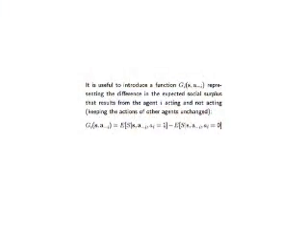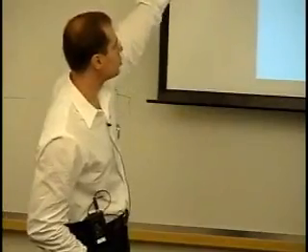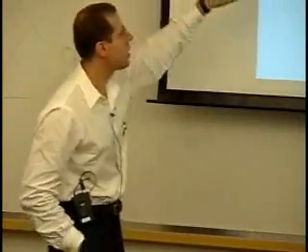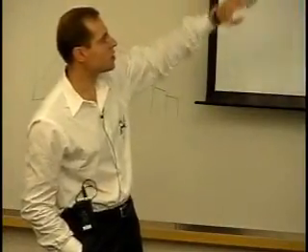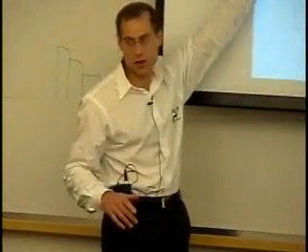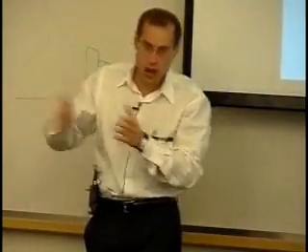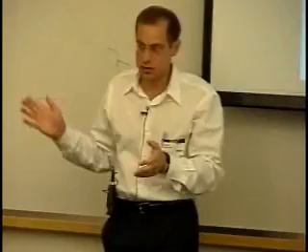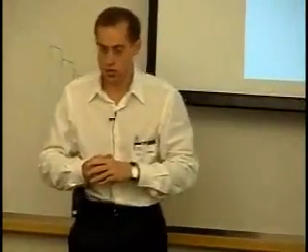It's useful to introduce a function that we call GI, which represents the difference in expected social surplus that results from an agent acting or not acting, keeping the actions of all other agents unchanged. This again goes back to the idea of externality. If I took an action, obviously my payoffs in the mechanism would change, but who cares? This function just tells you the change in the total social surplus.